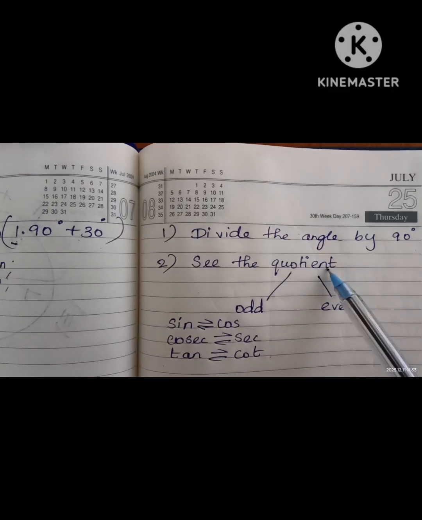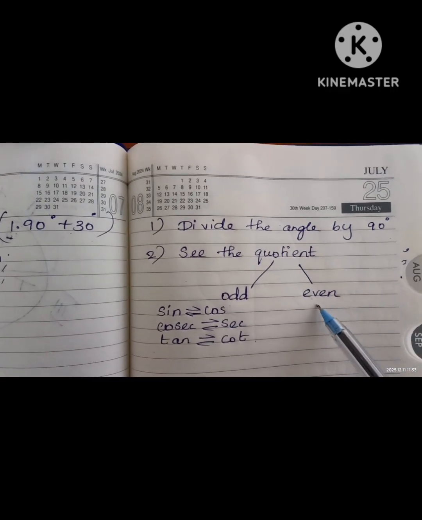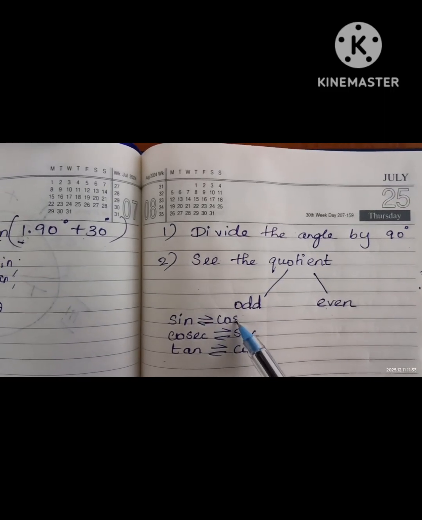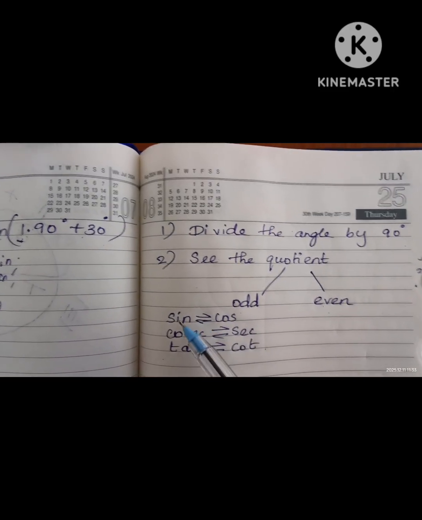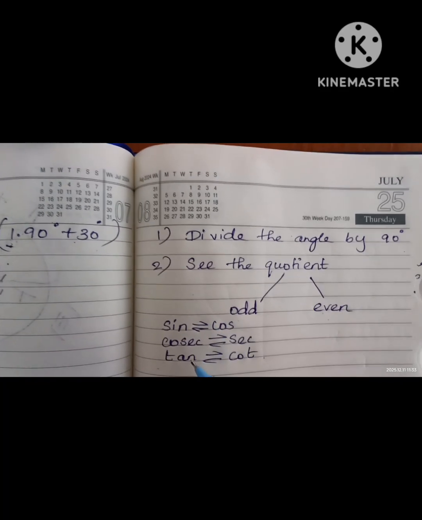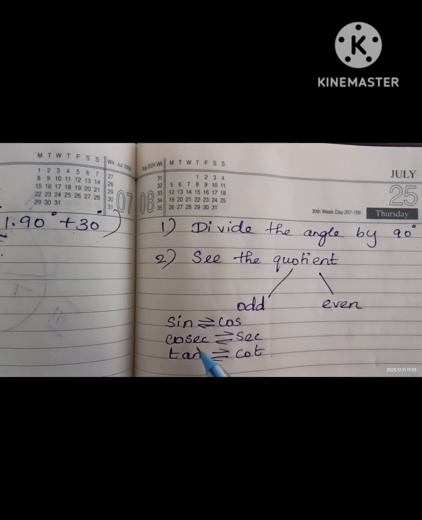and the second step, we have to see the quotient. In this quotient, we have two types. One is odd, another one is even. If the quotient is odd, sine changes to cos and cos changes to sine. That's what I have given this arrow mark. Cosecant changes to secant and secant changes to cosecant.